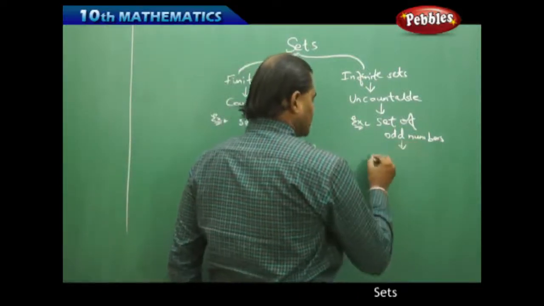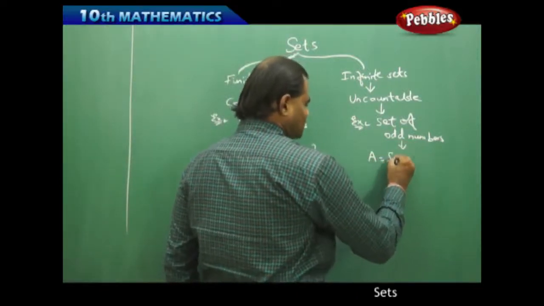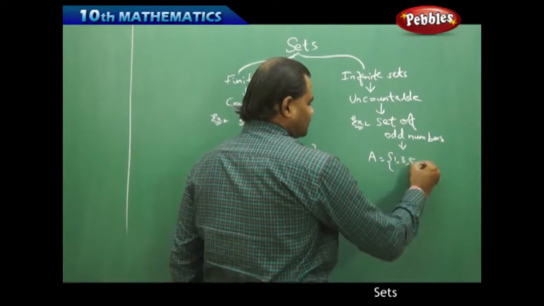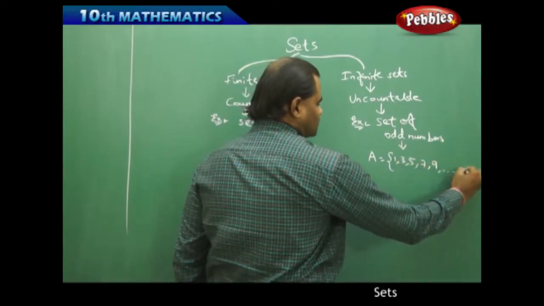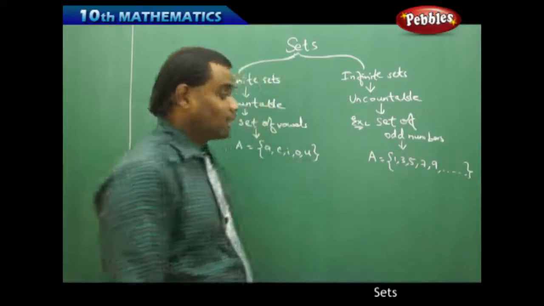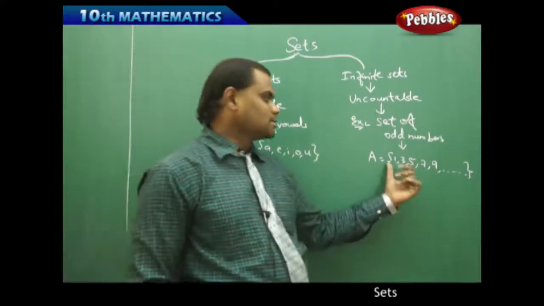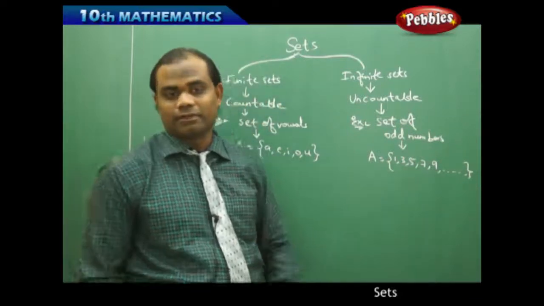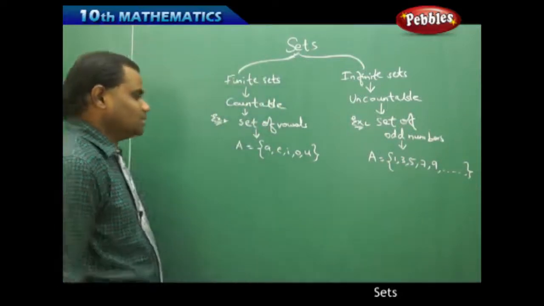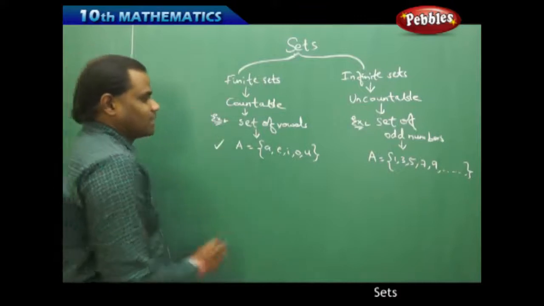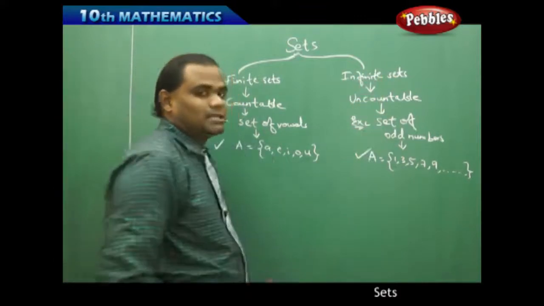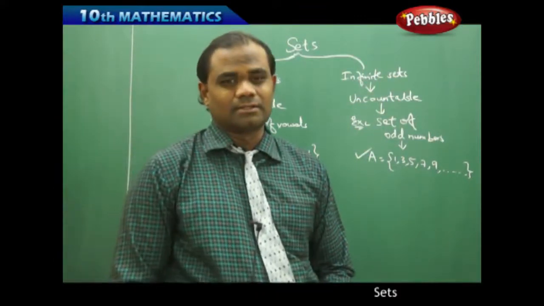But here when I take the set of odd numbers, I take it as 1, 3, 5, 7, 9, and so on and so forth, but I cannot count them because there are infinitely many odd numbers starting from 1 and ending with infinity. So therefore this stands as an example of a finite set and this an example of an infinite set.